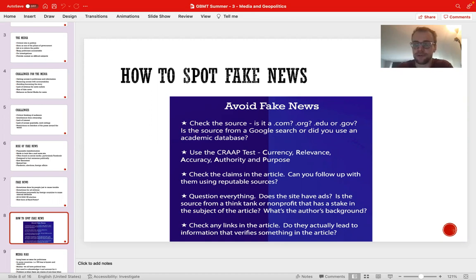So for example, you might not want a .ru or the Russian domain, especially if you're looking at issues related to American politics or issues related to the Ukraine conflict, because we can assume that this source will probably be highly biased. Russia being an illiberal state would likely have tight controls over the media, etc. So you will likely receive inaccurate, or there's the high potential for inaccurate information from such sites.